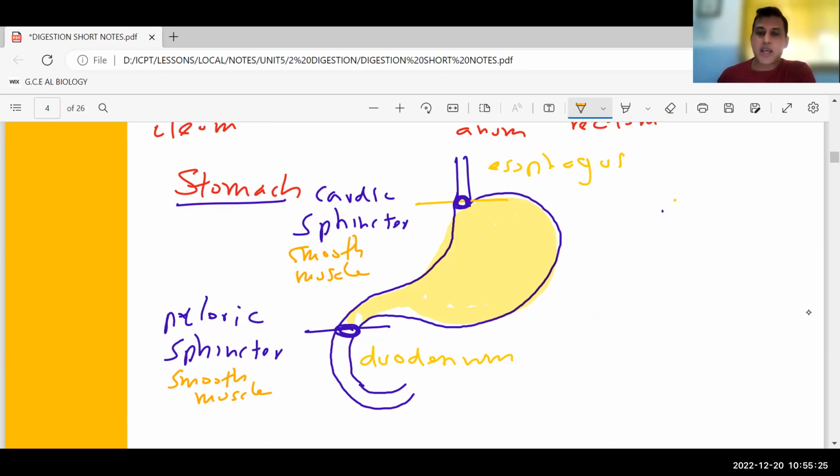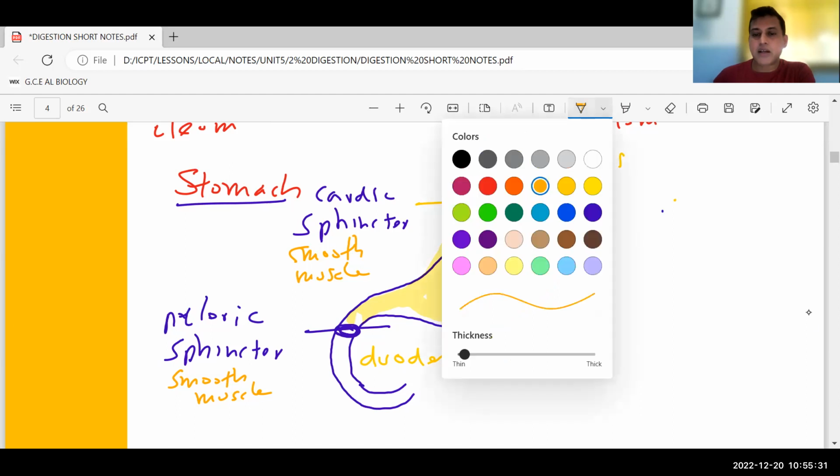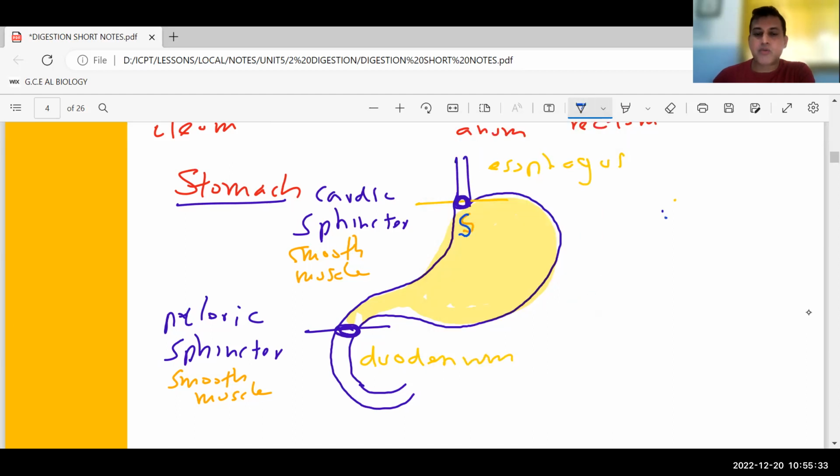Right. If you look inside, again, it is made out of muscular walls, and inside is a little bit folded like this to increase the surface area.